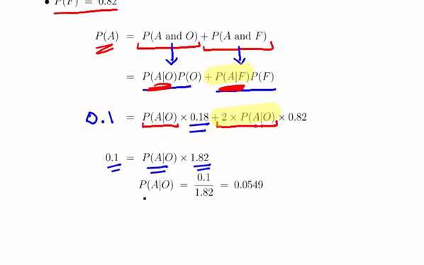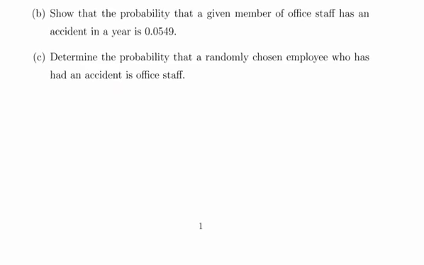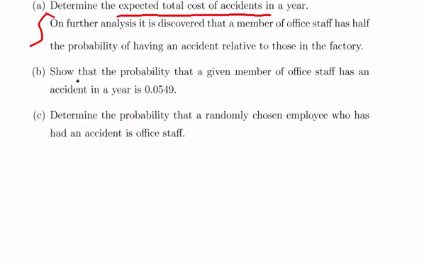Working that out, the probability of A given O is 0.1 divided by 1.82, which is 0.0549, so 5.5%. Let's scroll up, because I didn't read out the question we were asked: show that the probability that a given office staff member has an accident is 0.0549. So that's what we've done.